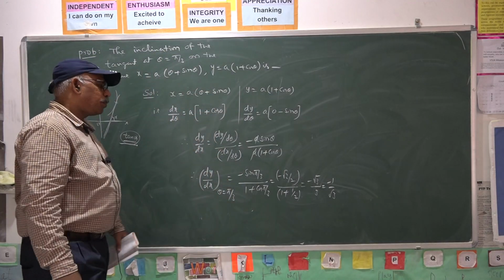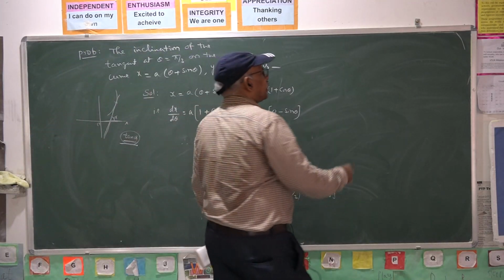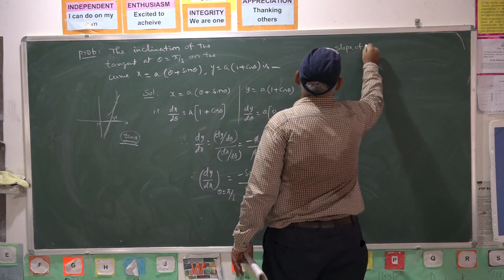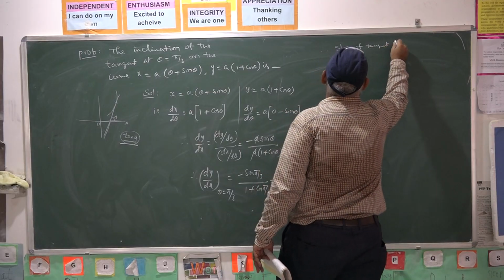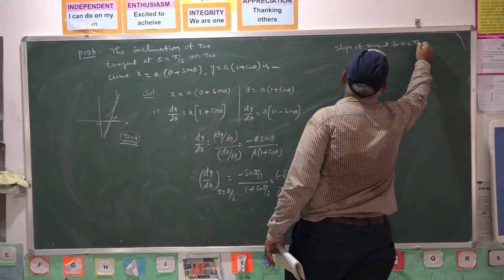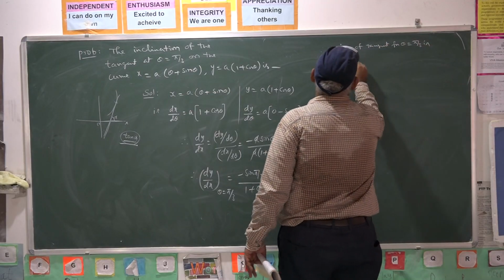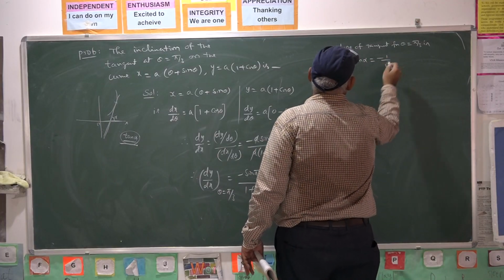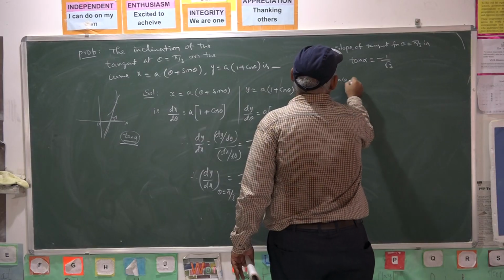So, the slope of the tangent is minus 1 by root 3. So, slope of tangent for theta equal to pi by 3 is tan alpha, let it be tan alpha equal to that, hence inclination of the tangent.